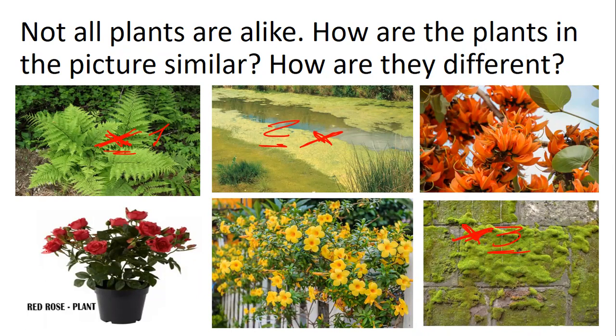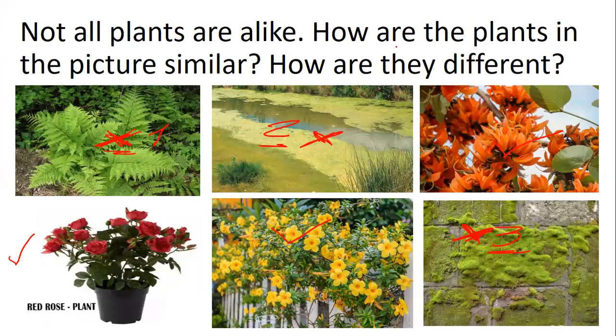And this one, I will put a check. 1, 2, 3 are the same, are alike because they have flowers. Understand? So again, the scientists classify them into two, with flower and without flower.